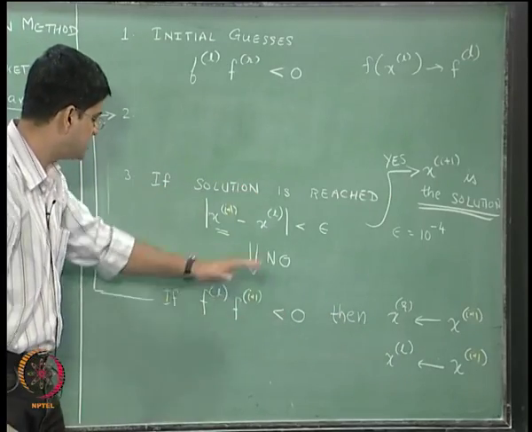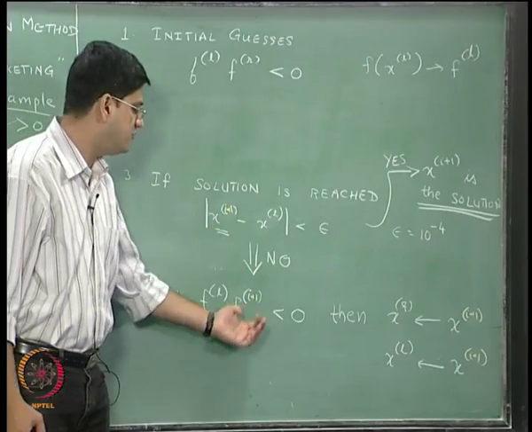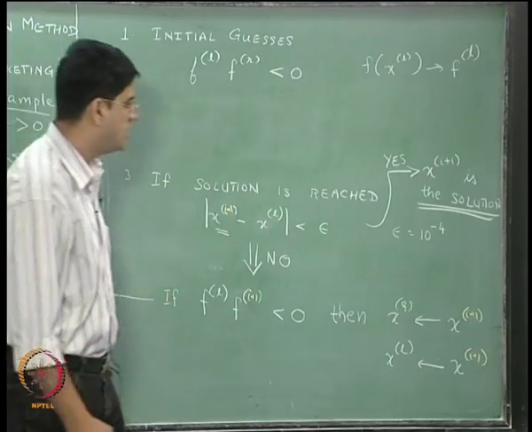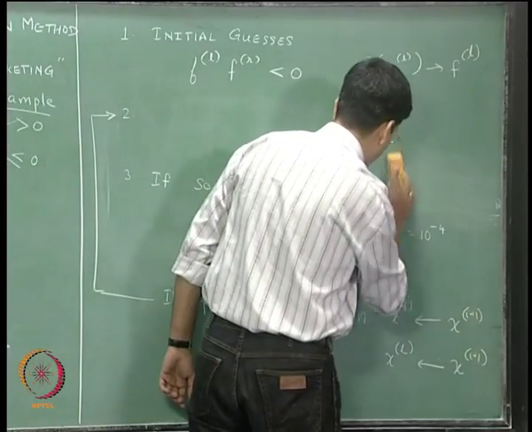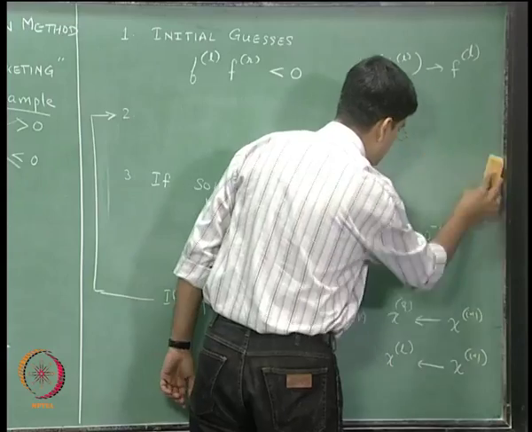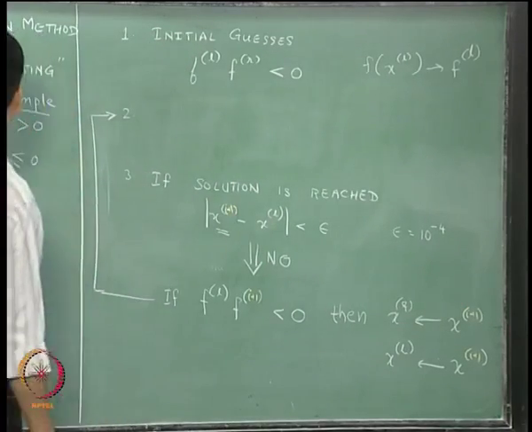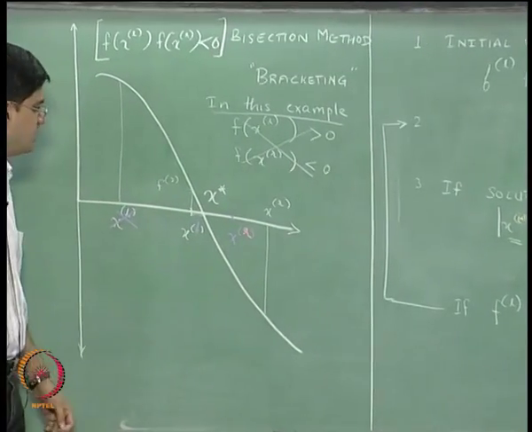If the solution is not reached, then we will either replace x_l with x_{i+1} or we will replace x_r with x_{i+1}, and we will continue further. So all these parts remain the same, it is only this part that we are going to change. So let us go back to the figure that we had previously drawn.